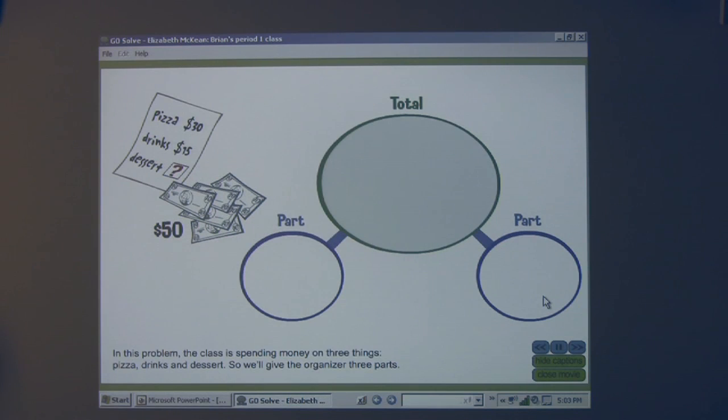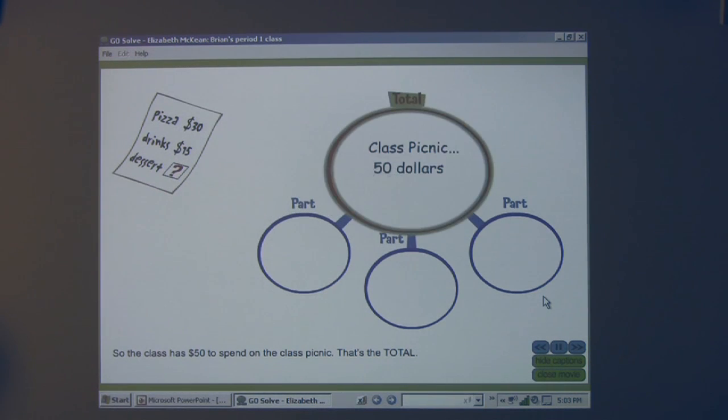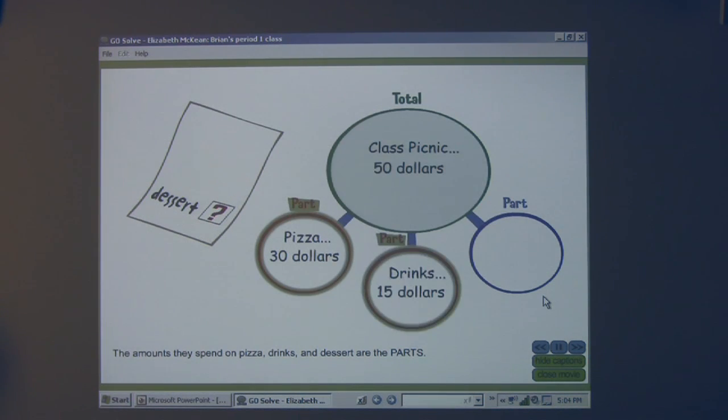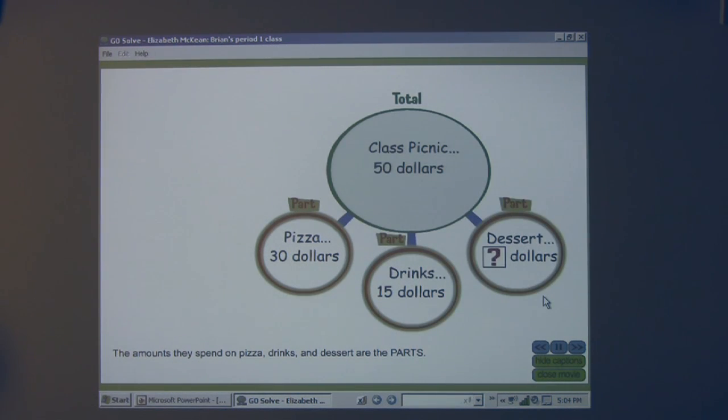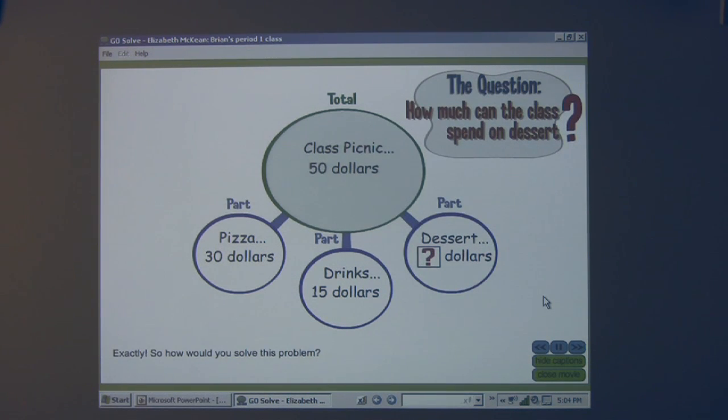So we'll give the organizer 3 parts. I get it. So, the class has $50 to spend on the class picnic. That's the total. The amounts they spend on pizza, drinks, and dessert are the parts. The question asks, how much can the class spend on dessert? So we're trying to find one of the parts. Exactly. So how would you solve this problem?